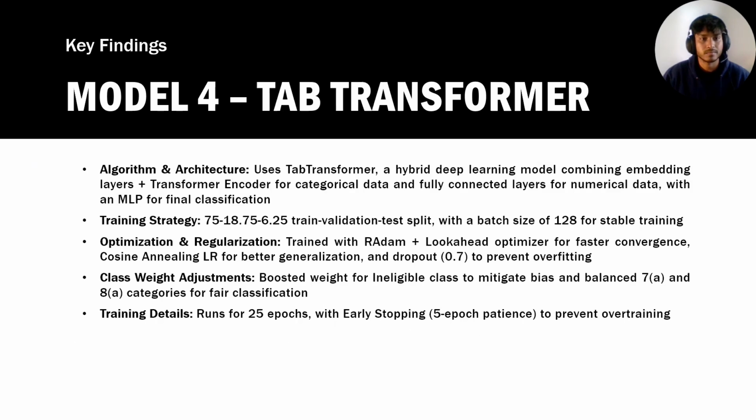Coming to the last but not the least, the TabTransformer model, which is a hybrid deep learning model which combines embedding layers and transformer encoders for categorical data. This model was optimized and trained with RAdam and Lookahead optimizer for faster convergence, and we also used cosine annealing LR for the learning rate for better generalization and a dropout of 0.7.